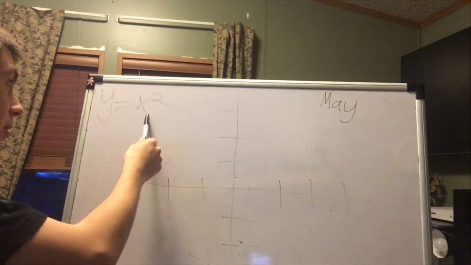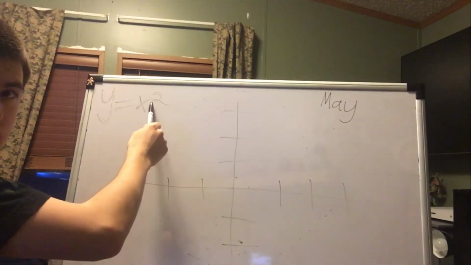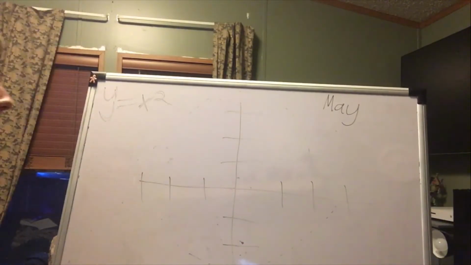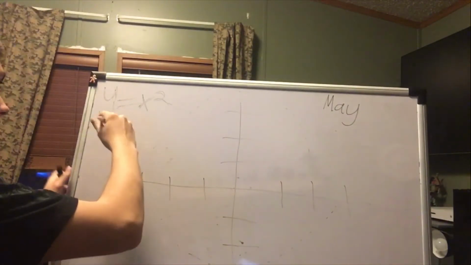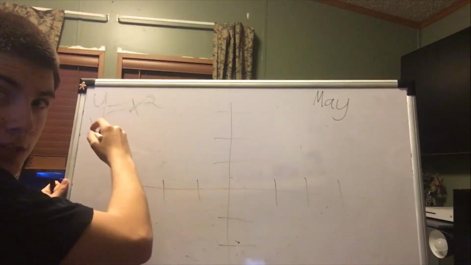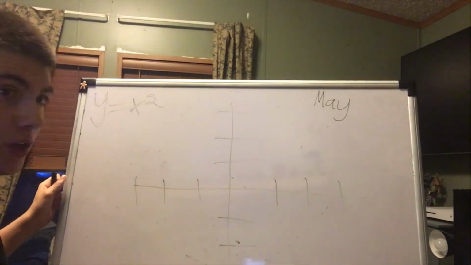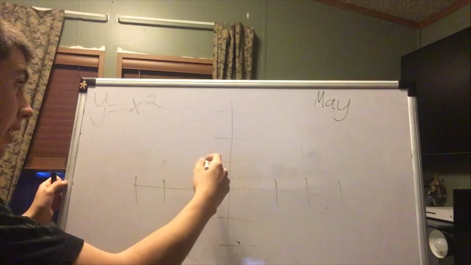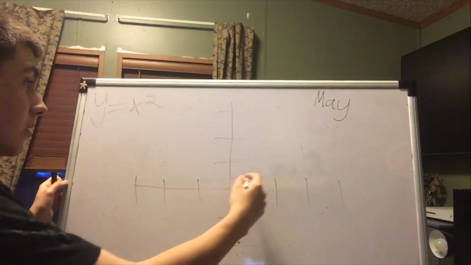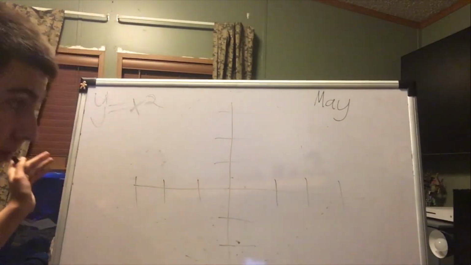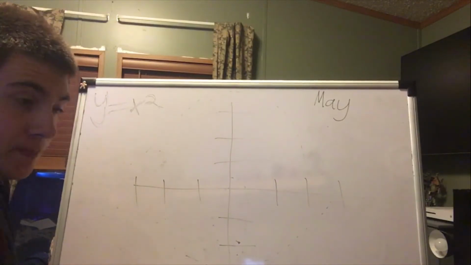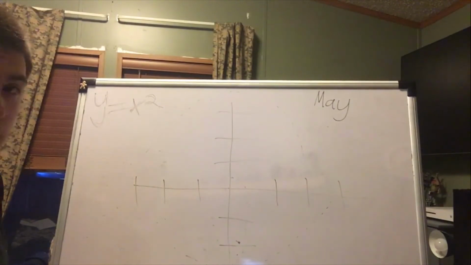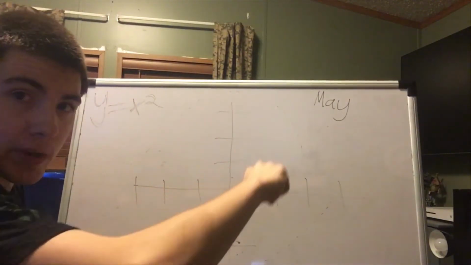Most likely it will be going up, considering we have a power, to the second power. x can go to infinity either this way or this way, from my left to my right, or vice versa, depending on how you're watching this video. So x can go to infinity both ways.